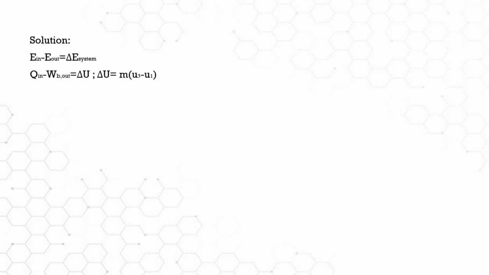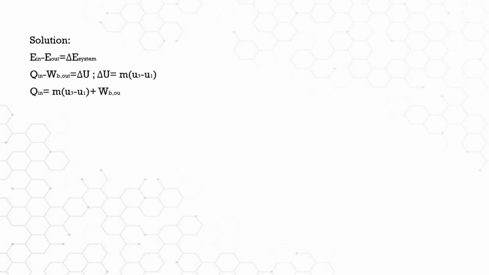So our equation now is the change in internal energy equals mass multiplied by the difference of the internal energy by mass basis at state 3 and the internal energy by mass basis at state 2, added to work output, which equals heat input.